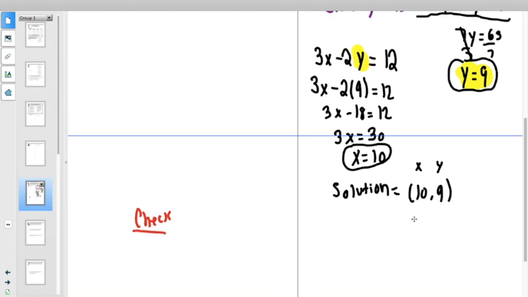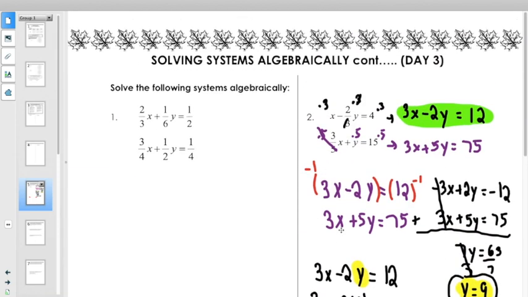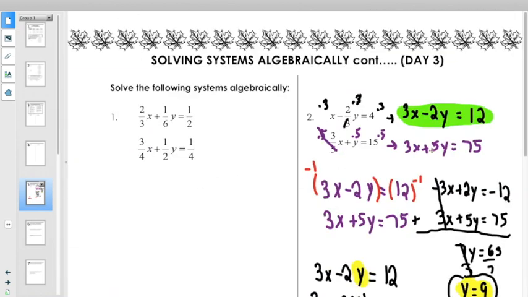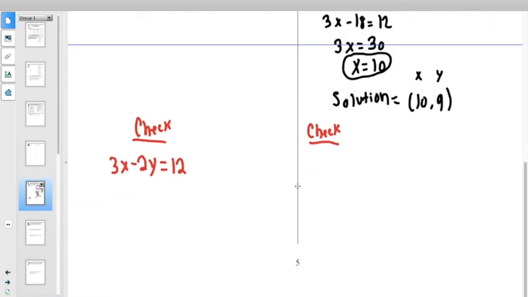Again, I'm checking both equations. So what are my equations? Well, again, I'm going to use these equations. 3x minus 2y equals 12. And I'm going to use 3x plus 5y equals 75.